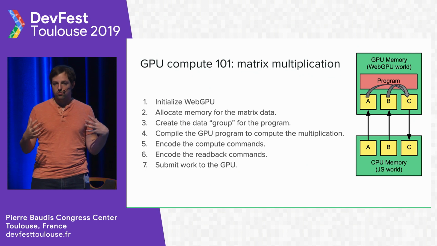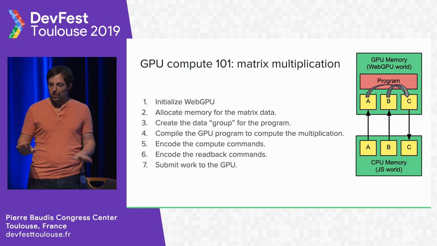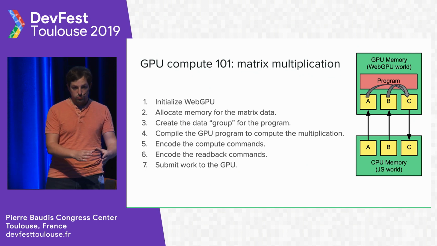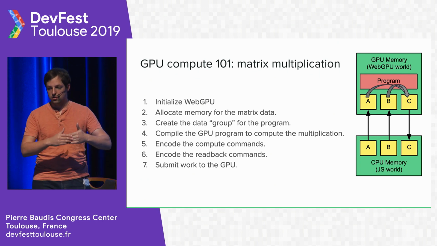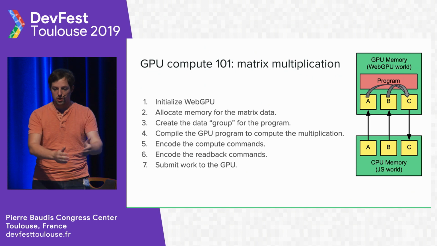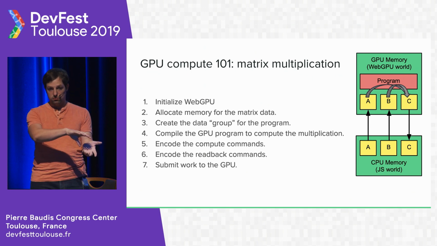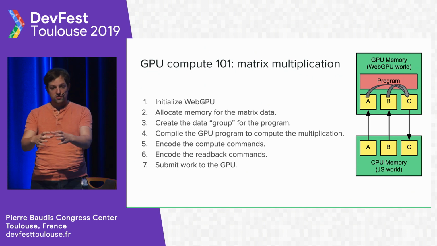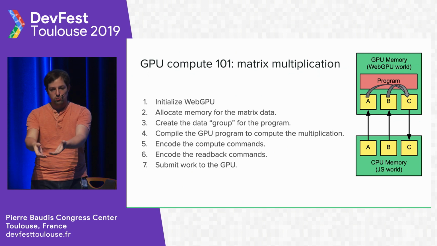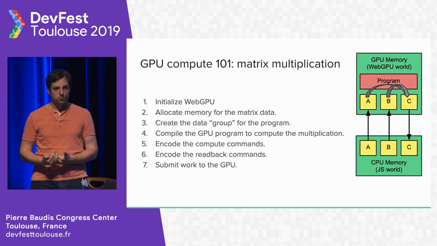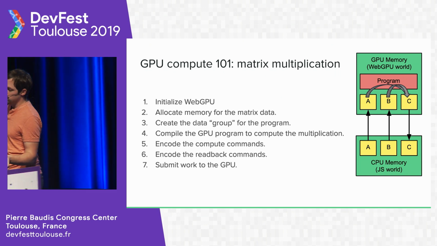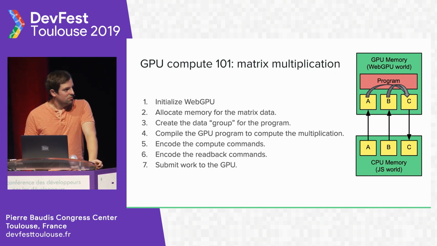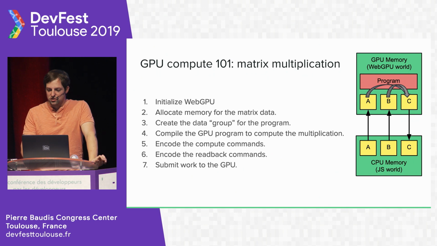So we have to assume they are separated. The first step is going to be to take the input matrices and put them in GPU memory. So A and B go from CPU memory to GPU memory. Then we execute the program on these two matrices to produce C on GPU memory. And then we bring the results back on the CPU so we can do useful things with them. For matrix multiplication, you probably want to keep it on the GPU because it's a lot of data, whatever you want to do with it.